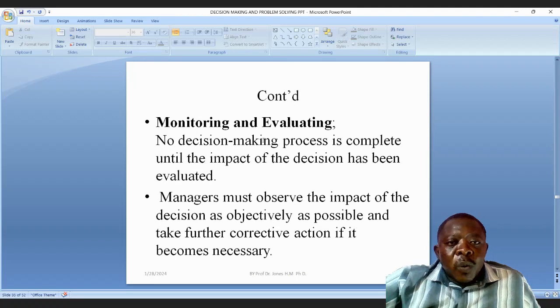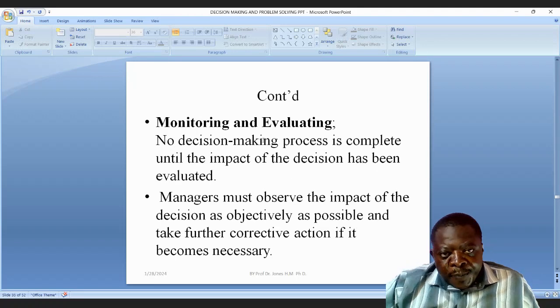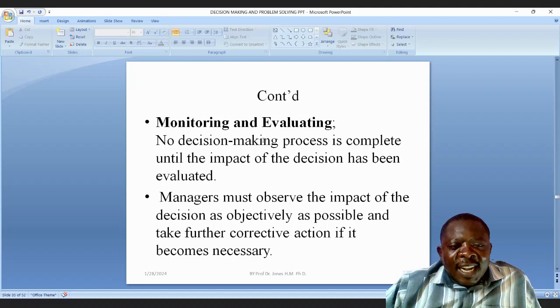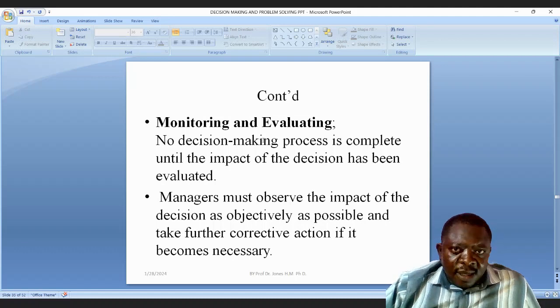Then there's monitoring and evaluation. When you have put your alternative into action, it should not end there. You need to monitor the implementation. You need to evaluate the results that are coming out of the implementation, if at all they are meeting the standards.